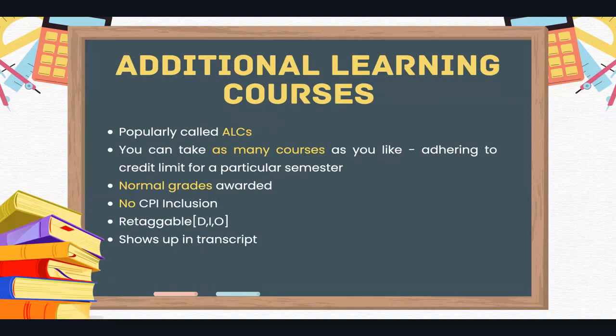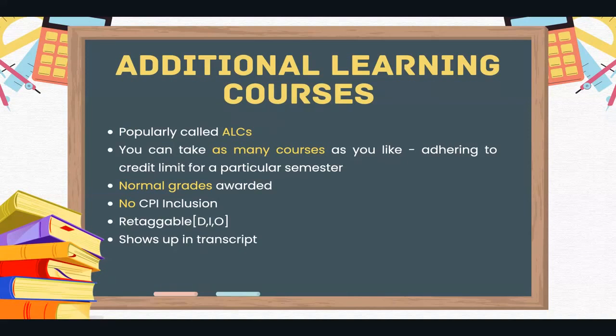In additional learning courses, normal grades are awarded to you, however the grades are not included in your CPI. So if you tag a course as an additional learning course, normal grades will be awarded to you, and you have to go through the normal examination and attendance procedure, but the grades would not be included in your CPI.